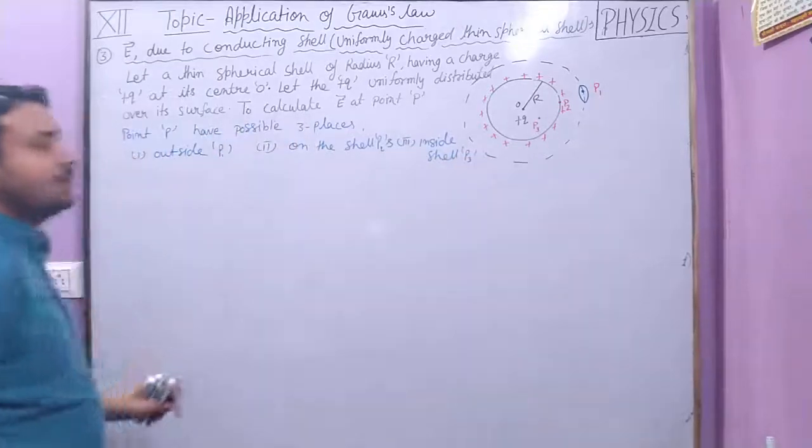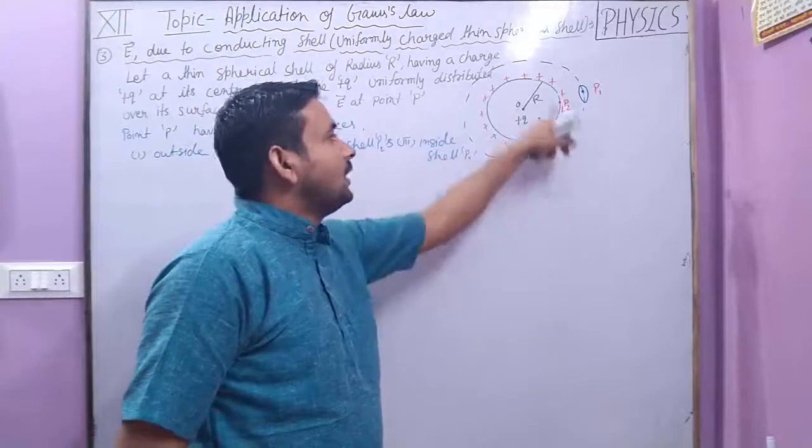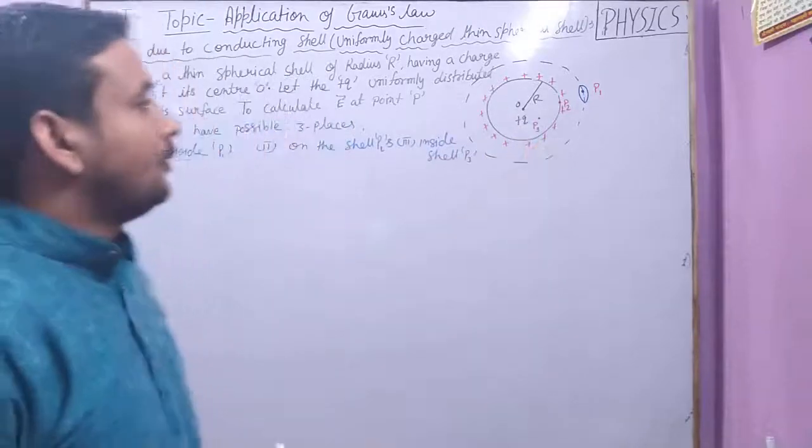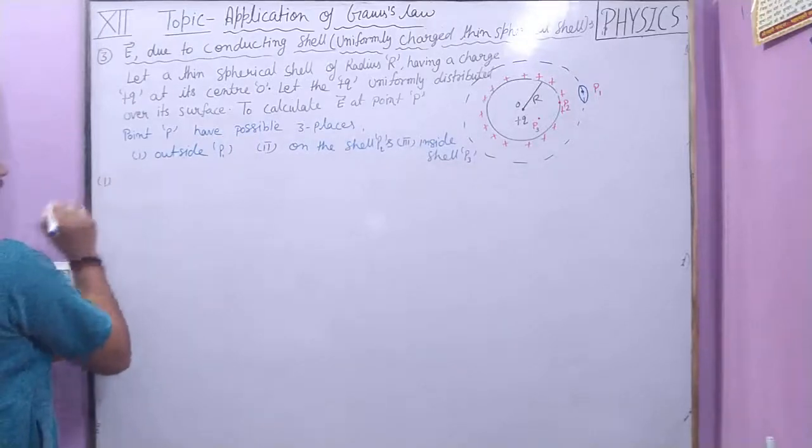So these are the three places where we calculate the value of the electric field due to a thin conducting cell. Now we start with the first situation.